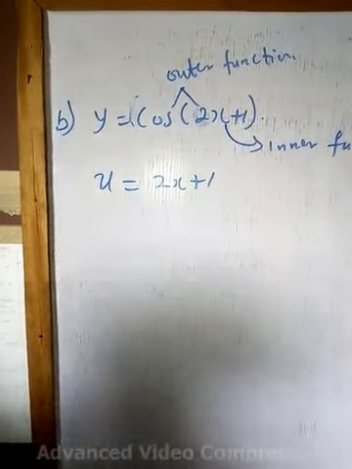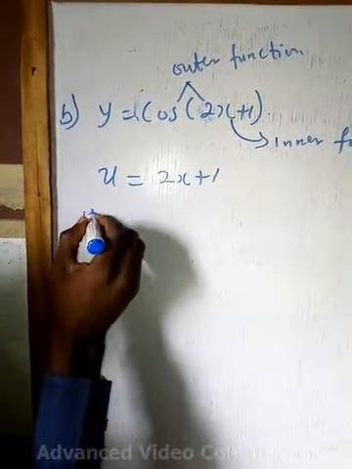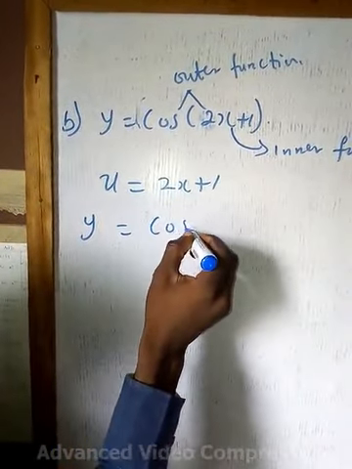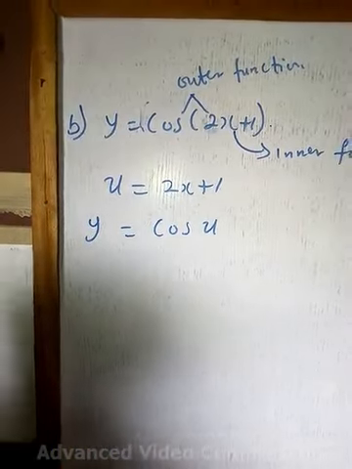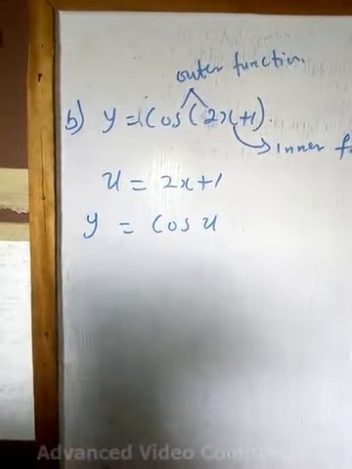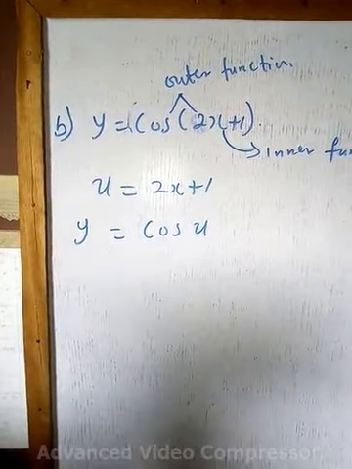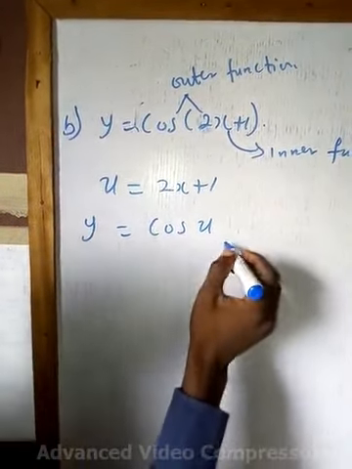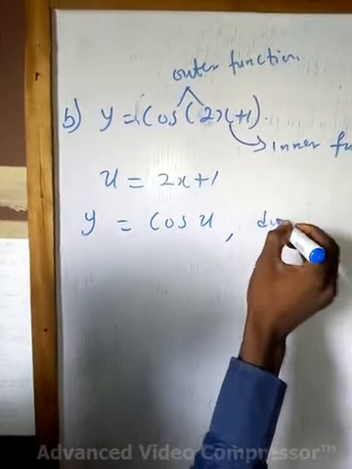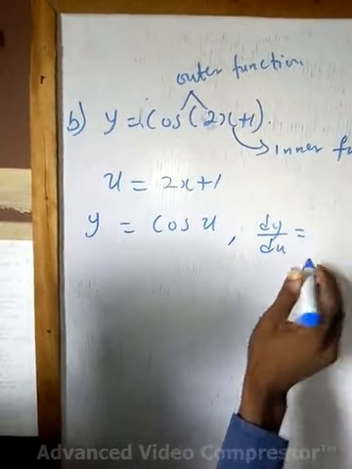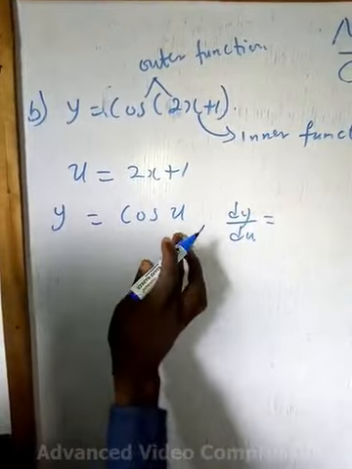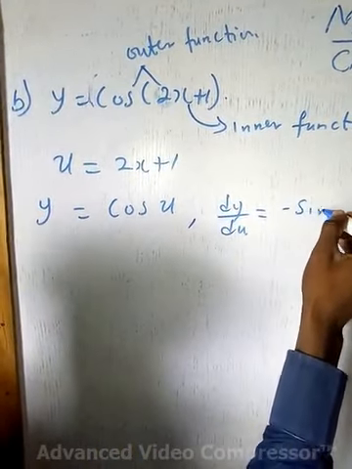If you don't understand that first approach, then you can write your y as cos u. I've written it as another variable separately, cos u. Then that means in this case my y depends on u. So I can find dy/du. The dy/du is going to be what? Minus sine u.